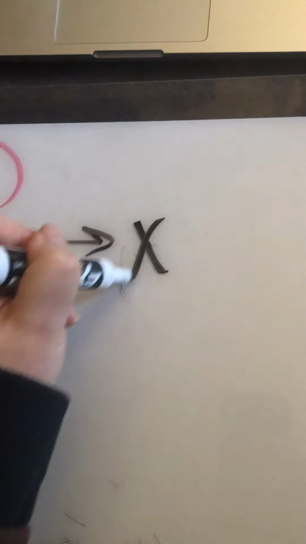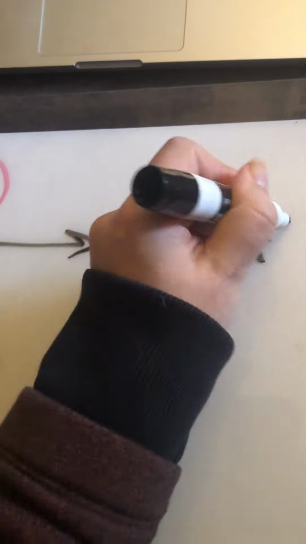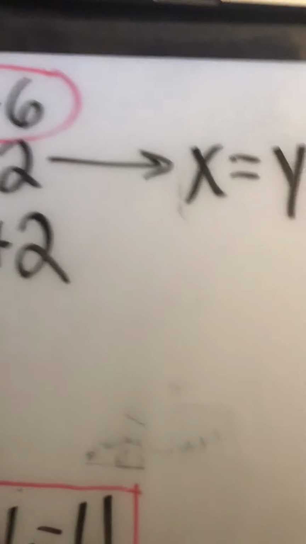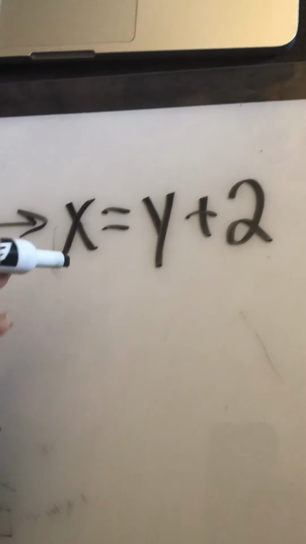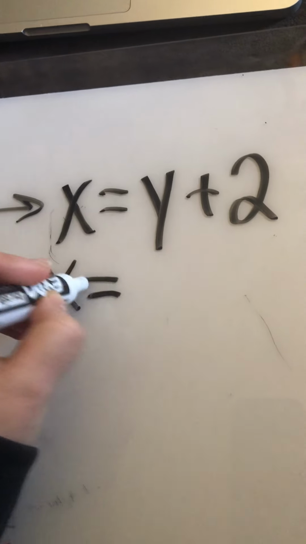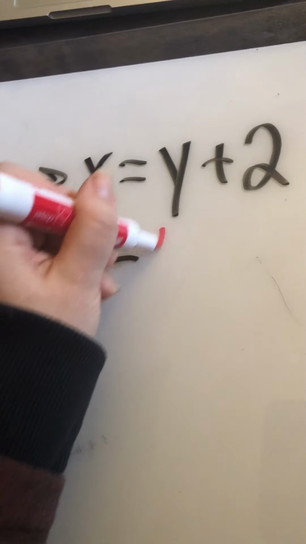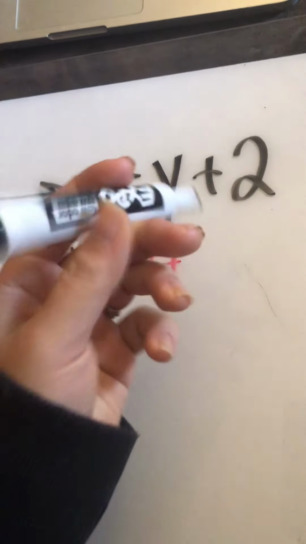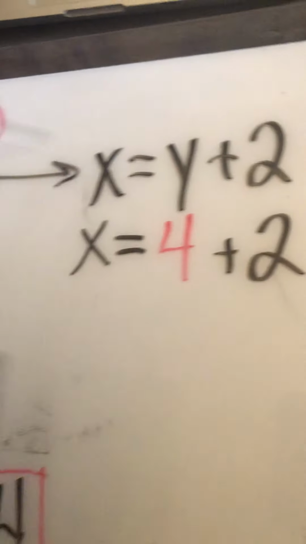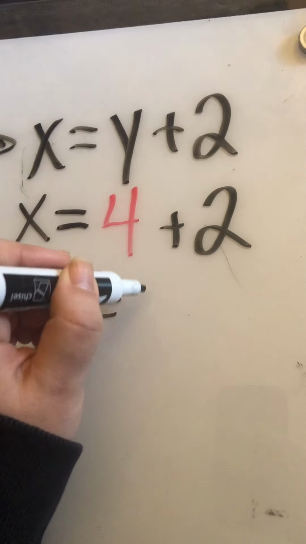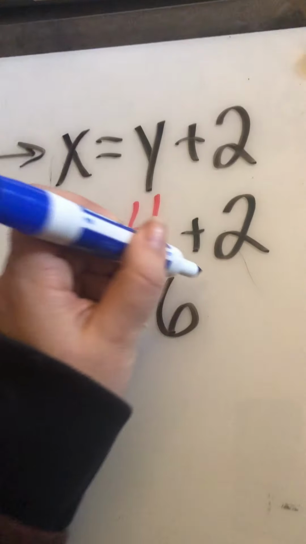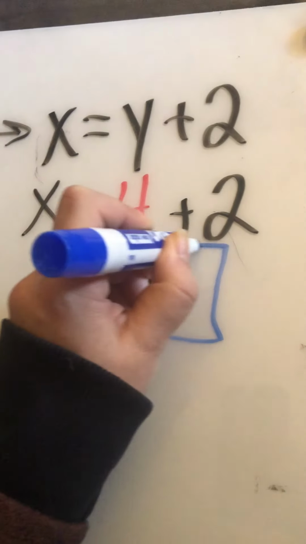Oops, I wrote it wrong. x equals y plus 2. And then you plug in the value that you got for y. So y is 4. So I'm going to rewrite this as x equals 4 plus 2. And then I simplify. x equals 4 plus 2 is 6. And now I know what the x value is for my solution.